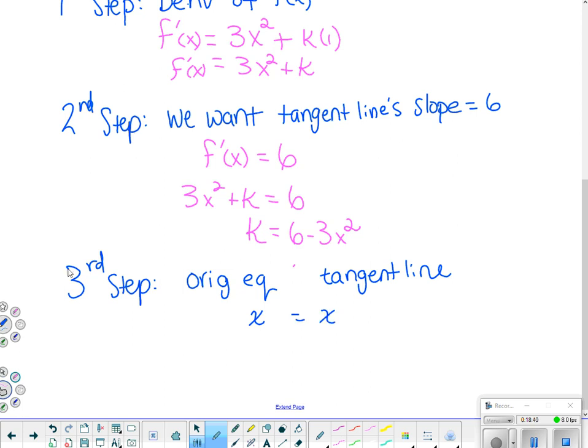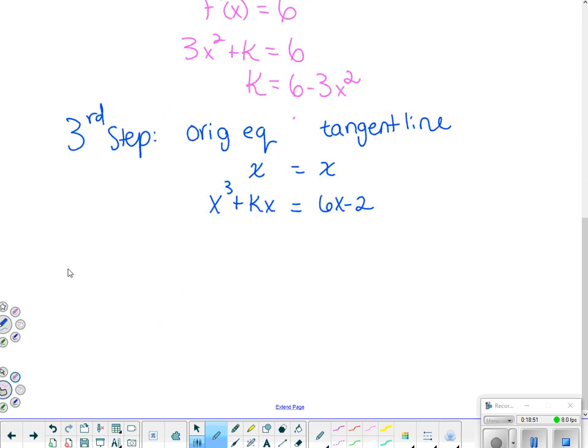So I'm going to take x cubed plus kx and set it equal to 6x minus 2, that tangent line they talked about. Instead of k, I'm going to substitute 6 minus 3x squared, because now I can get an equation solely in x's.